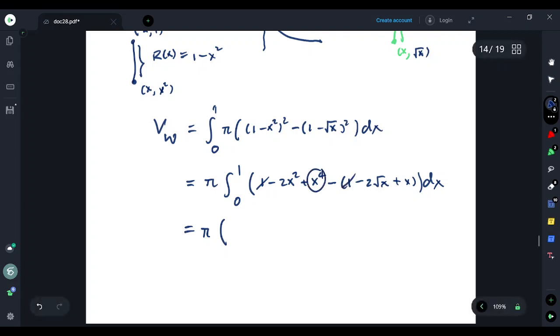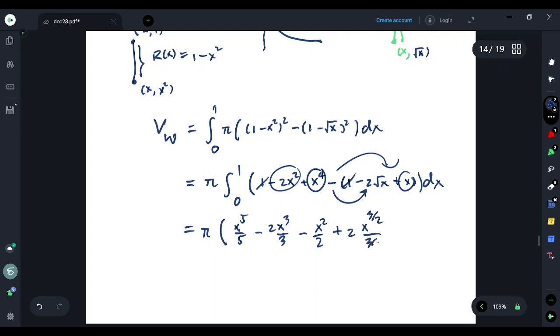Let me integrate x to the power 4. That's gonna give x to the power 5 divided by 5, and then let me integrate negative 2x squared. That's gonna be 2x to the power 3 divided by 3, and then let me integrate minus x. So that's gonna be minus x squared over 2, and then integrate minus minus is plus 2 square root x, gonna be x to the 3 over 2 divided by 3 over 2.